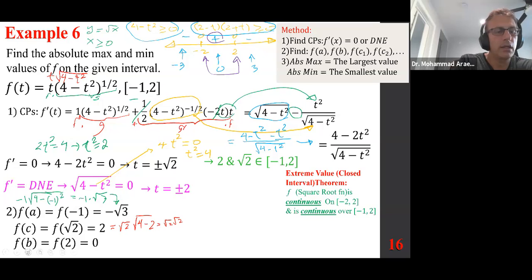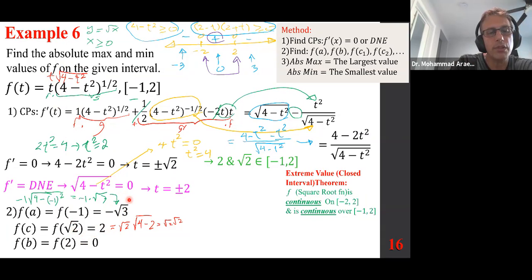Finally, number 2. Put number 2 in here. I hope you realize that 4 minus 4 becomes 0. The square root of 0, so the product is 0. So if you plug into the square root, inside the square root is 0. Therefore, the largest number is 2 at this pair.